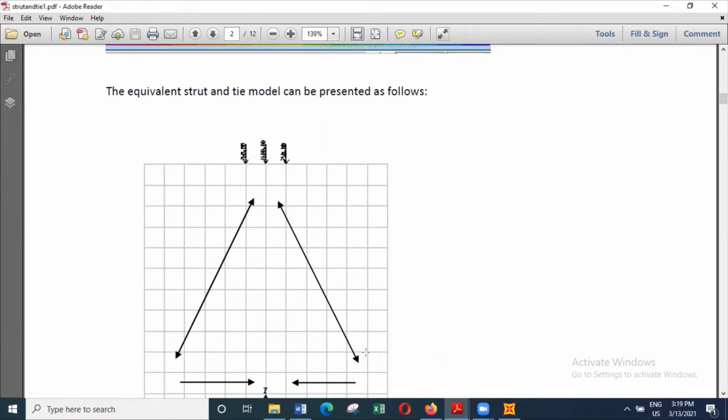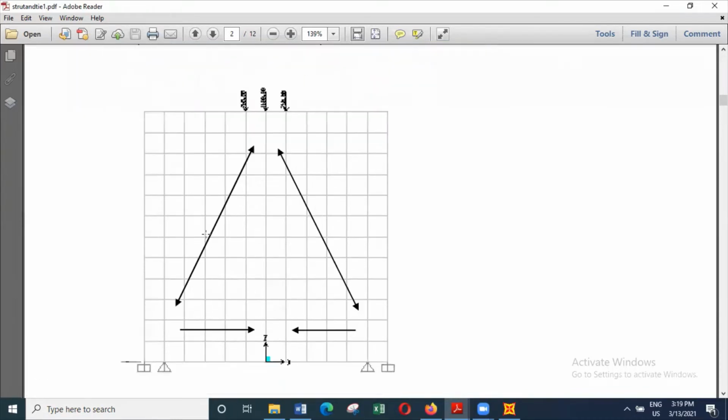So you can see in this situation, this angle can be easily calculated because the way that the loads are transferred is from here, it will be transferred over to this particular location.